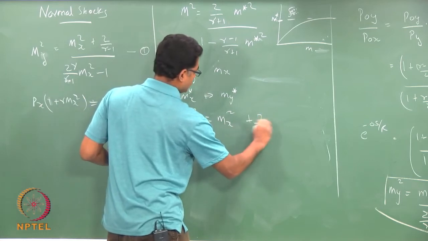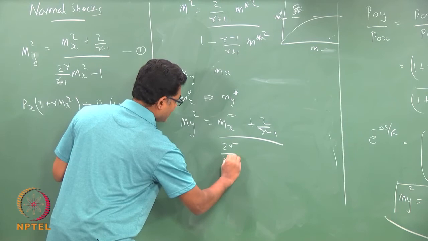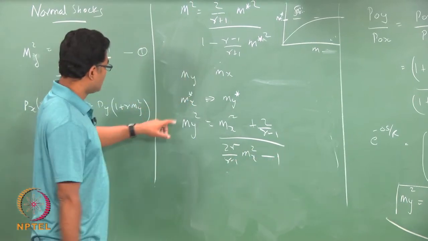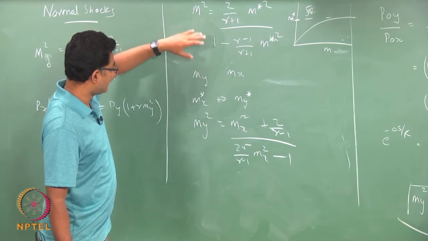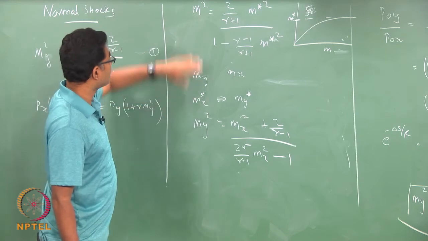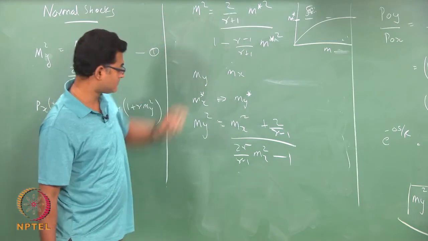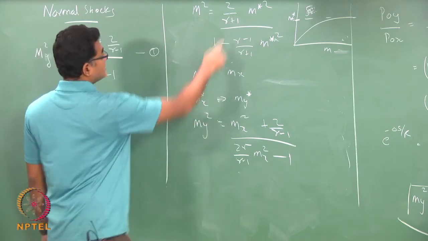So, what I do is I take this equation which we had written several times today itself, which is 2 gamma by gamma minus 1 Mx square minus 1. Now, I am going to substitute this particular equation, my value of Mx in terms of Mx star. So, I substitute this instead of my Mx.